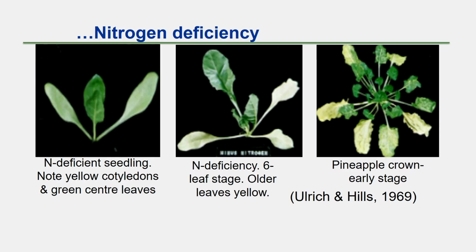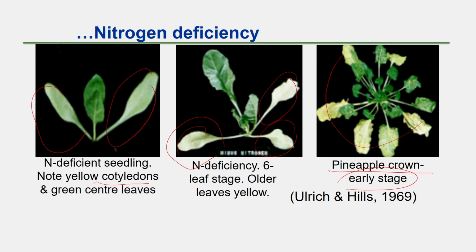Now you can see these three pictures. First one is nitrogen deficient seedling. Here you can note that yellow cotyledons are there. Then nitrogen deficiency at 6 leaf stage, older leaves are getting yellow. Very clear cut deficiency symptoms, and chlorosis is almost uniform. Then you can see kind of pineapple crown, and it is early stage.